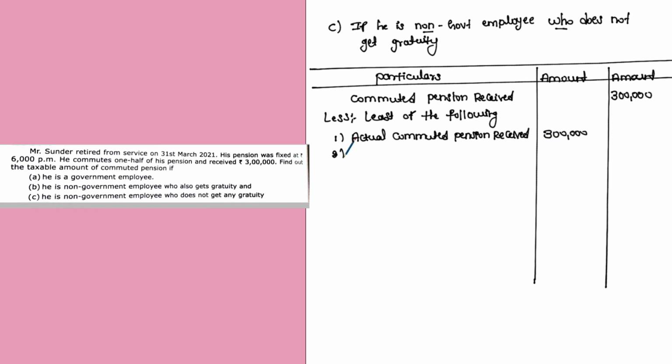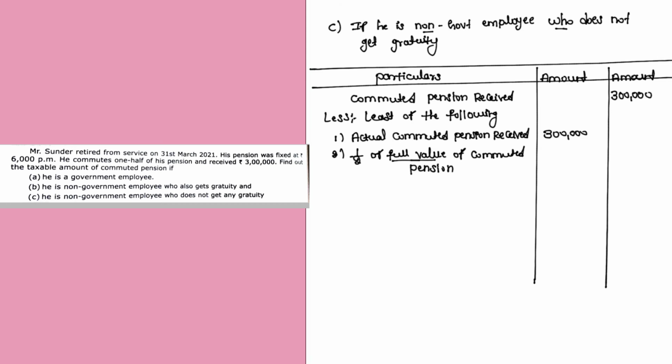Second one, 1/2 of full value of commuted pension. So they are saying full value of commuted pension.